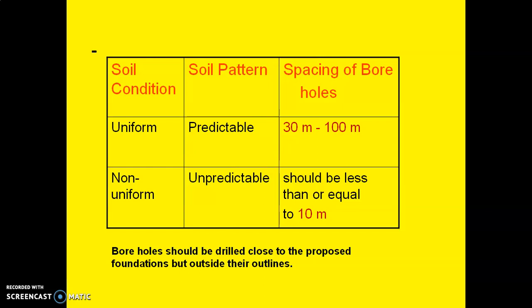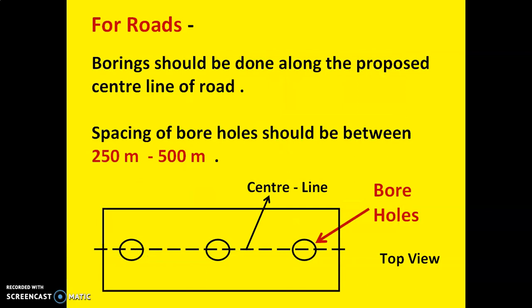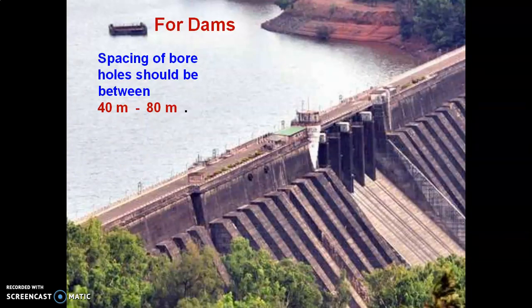Now let us see boreholes to be done for other civil engineering works. For roads, boring should be done along the proposed center line of the road. Keep the spacing of the boreholes between 250 to 500 meters. For dams, boreholes should be drilled in the dam site and reservoir area.